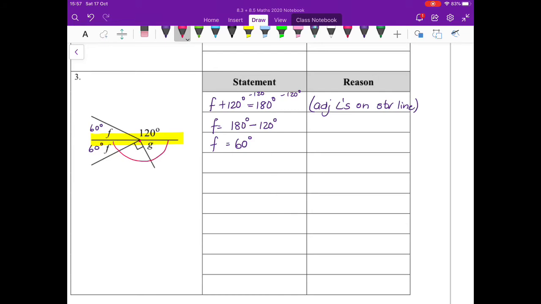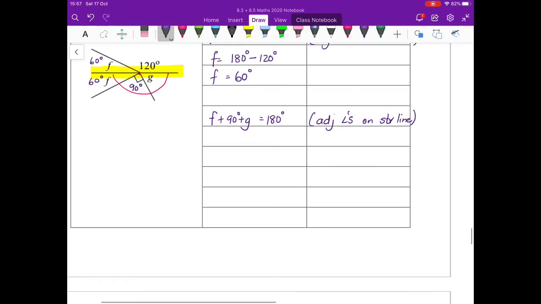They share a common vertex. So I do, in fact, have adjacent angles on a straight line. I must describe my diagram. So F plus 90 degrees, this symbol is 90 degrees, plus G equals 180 degrees. Reason: adjacent angles on a straight line.